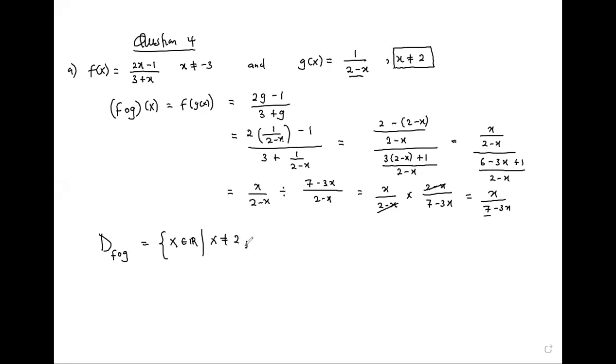And then for this one, you get 7 minus 3x, set it to 0, and solve for x. Divide by -3, divide by -3. So x is 7 over 3. So you say x is not equal to 7 over 3, but x is a real number. So this is the domain.